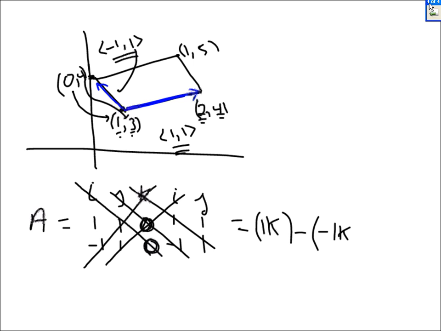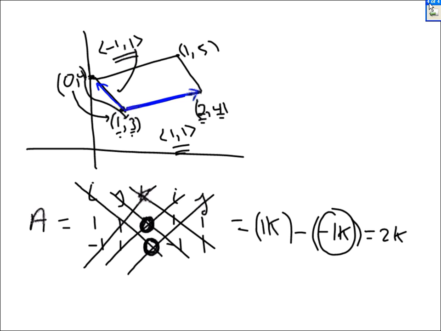This product is 0 because this is 0, and this product is 0 because that's a 0. So that's it. Don't say that's 0, because 1k minus negative 1k is not 0. It's 2k.